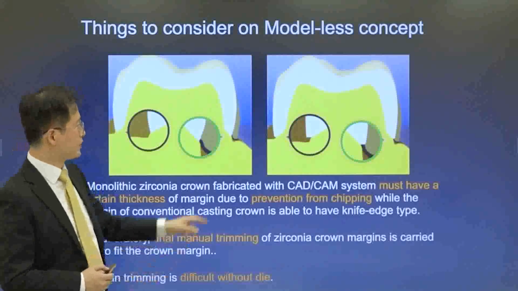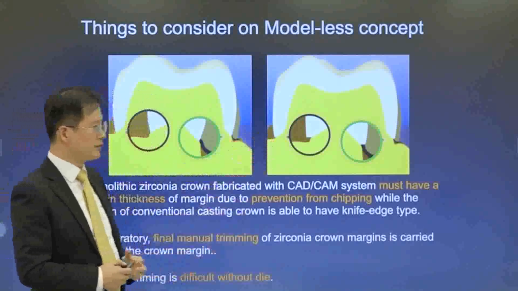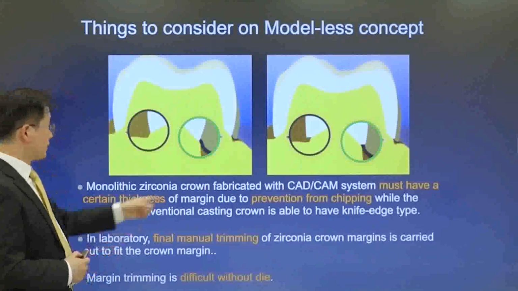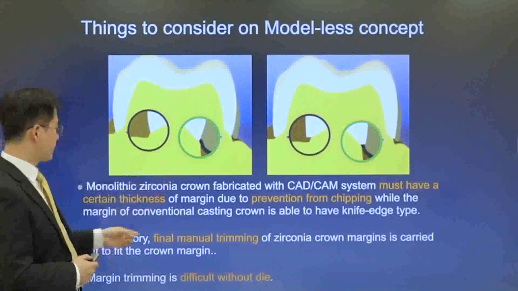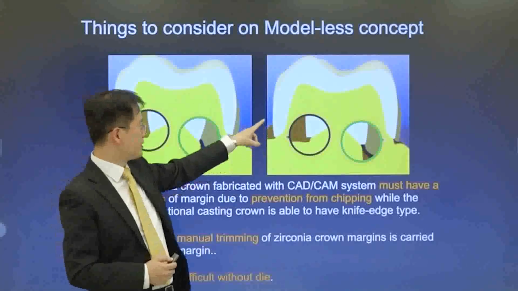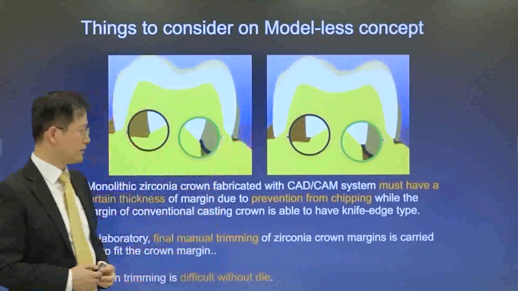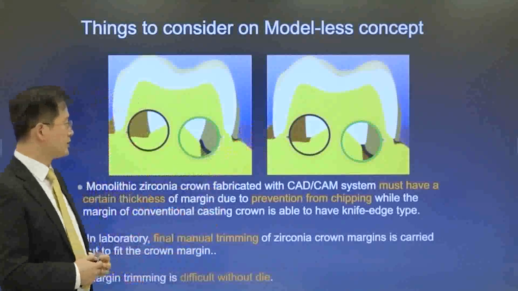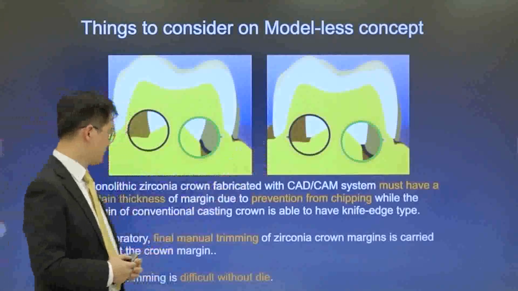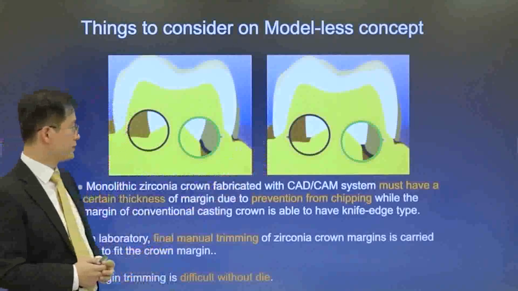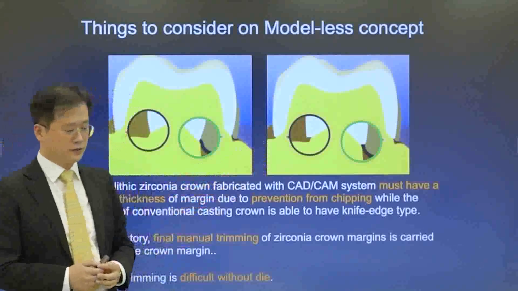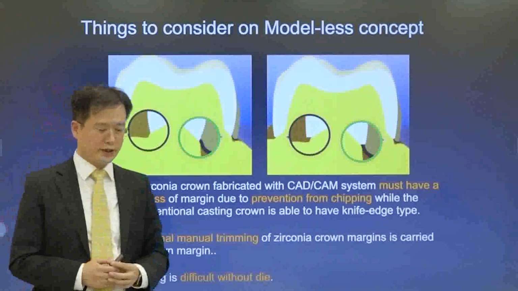So we are designing this part thicker than it actually is. And in the laboratory, as a result, final trimming of the zirconia crown margin that is cut thicker is done without a model. So margin trimming is difficult without a die, and we cannot get a physical die with intraoral scanner data.